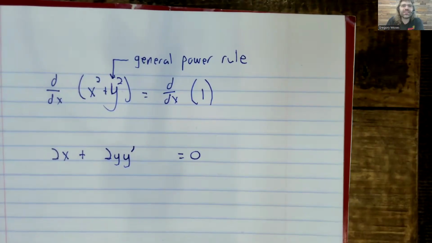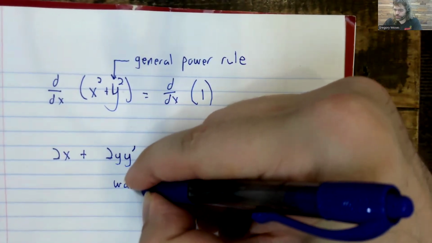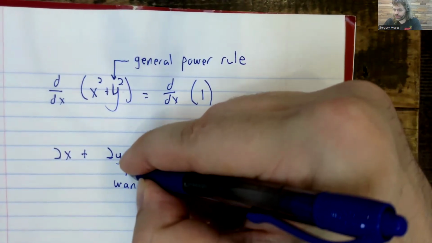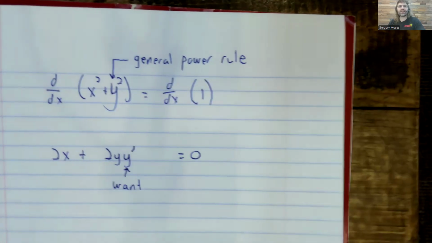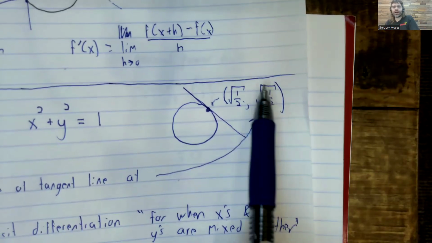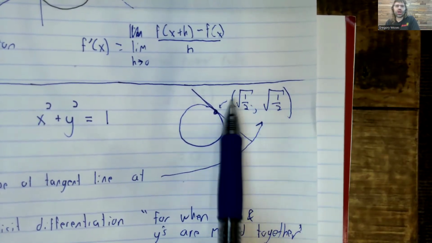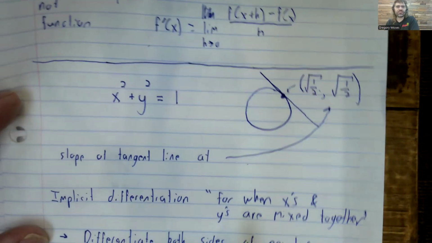This is exactly what we're looking for. This y prime, this derivative, is exactly what we want. When we know the derivative, we can plug in the point and answer the question.